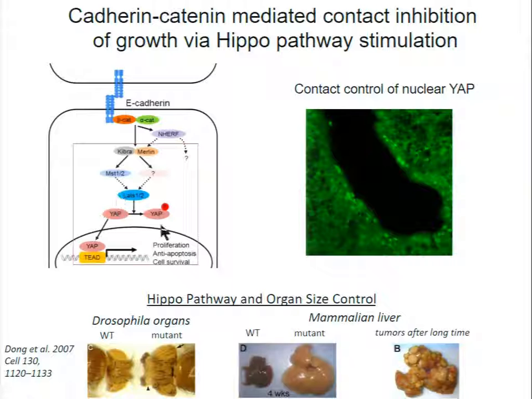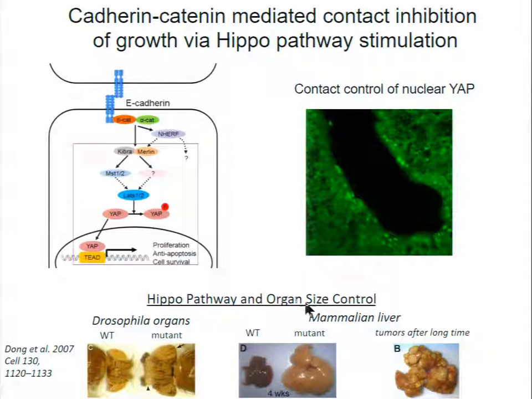So the important thing is that YAP, when it binds to a transcriptional cofactor, binds TEAD in the nucleus, stimulates proliferation, inhibits apoptosis, and promotes tissue growth. And the Hippo pathway, per se, inhibits YAP activity by phosphorylating it and keeping it out of the nucleus. So YAP in the nucleus is pro-growth, out of the nucleus is inhibiting growth. And cadherins tend to keep YAP out of the nucleus.